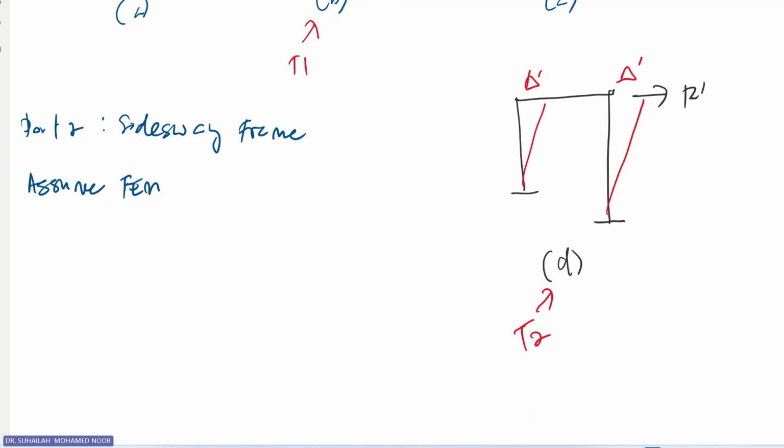What we actually do here is we will assume FEM for one member. We have member AB, member BC, member CD.